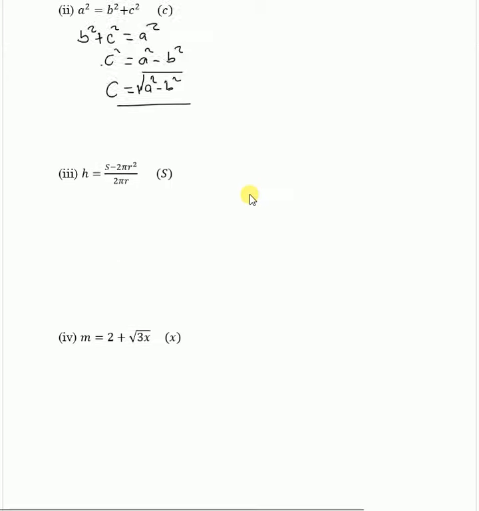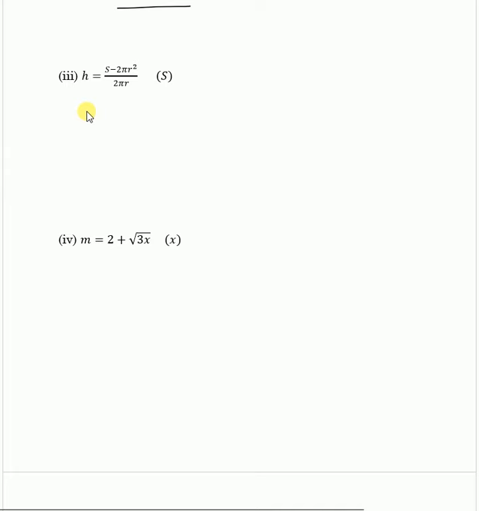Then this one is h. We shall write it as h over 1 equal to s minus 2 pi r squared divided by 2 pi r. We shall cross multiply 1 times that.